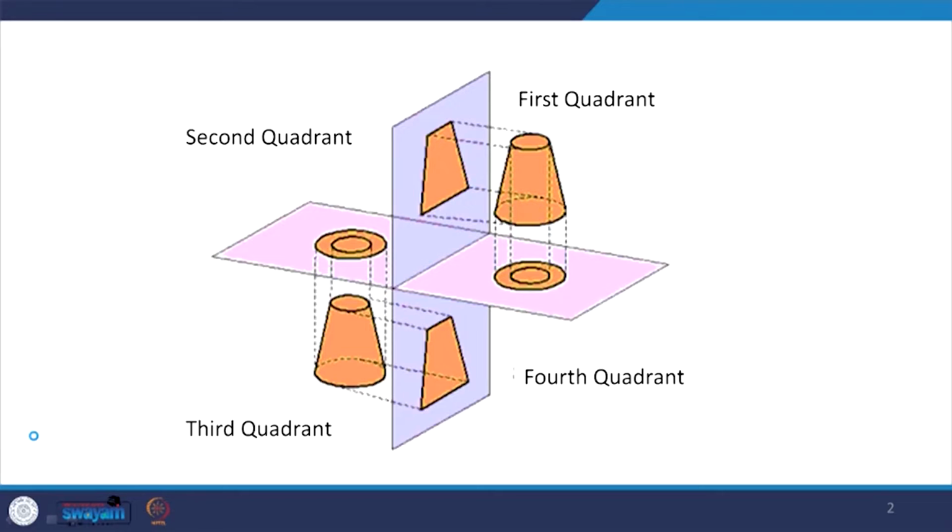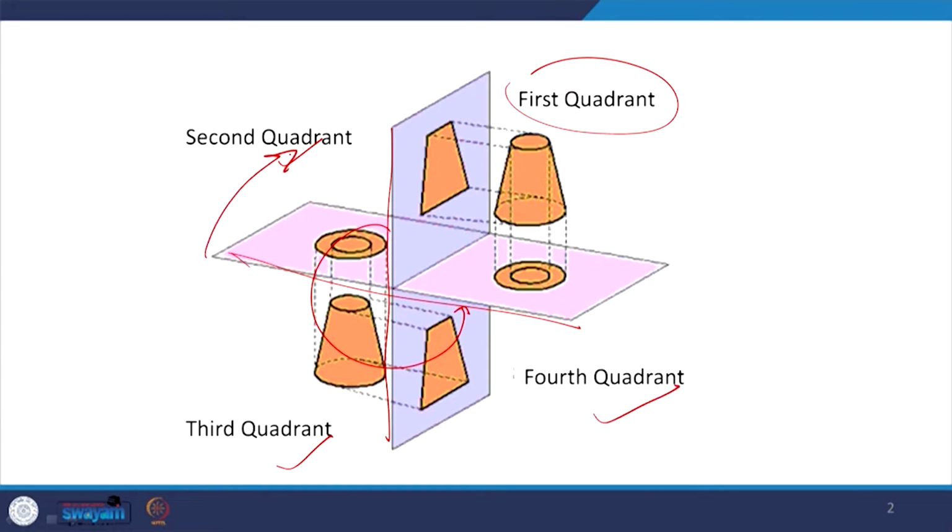If you look at it on the screen also, this is the quadrant system, and your top right becomes the first quadrant, and as you go in the anti-clockwise direction, the second, third and fourth come, and we fold it in such a manner that the elevation and plan both come together above the reference line in the second quadrant, and elevation and plan both come together below the reference line in the fourth quadrant, and for the first and third it just reverses.